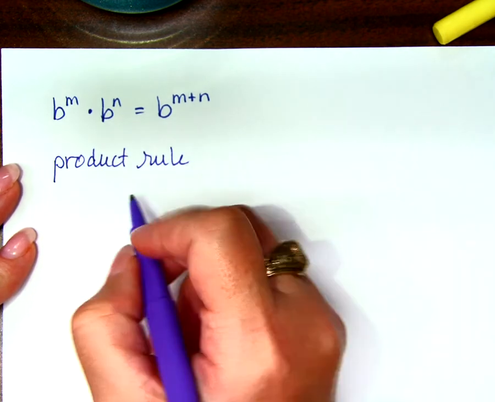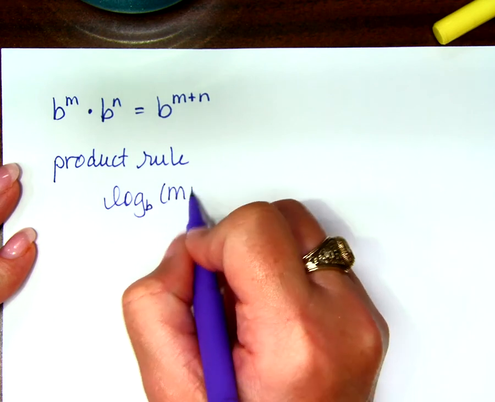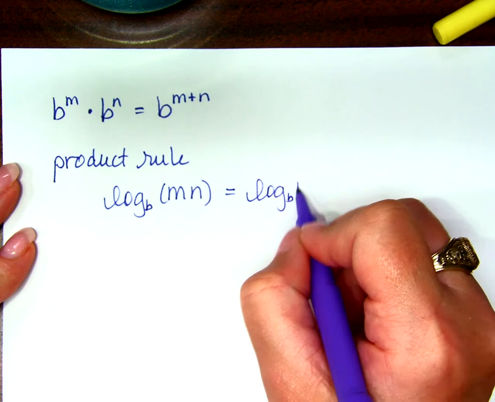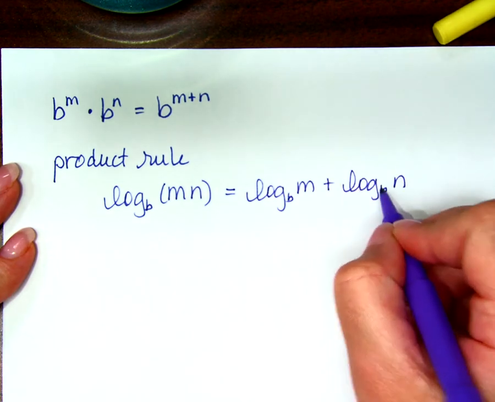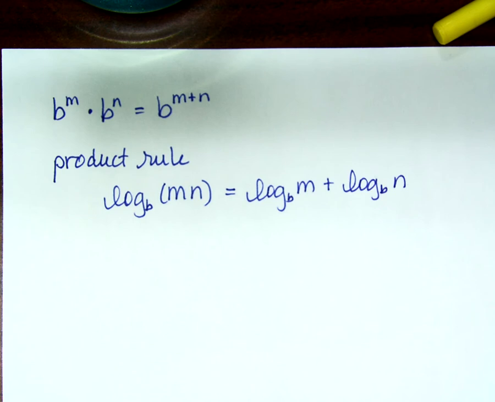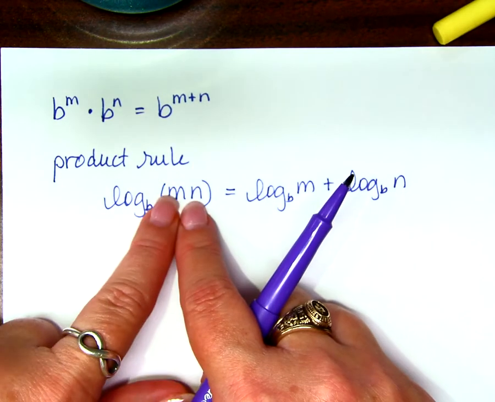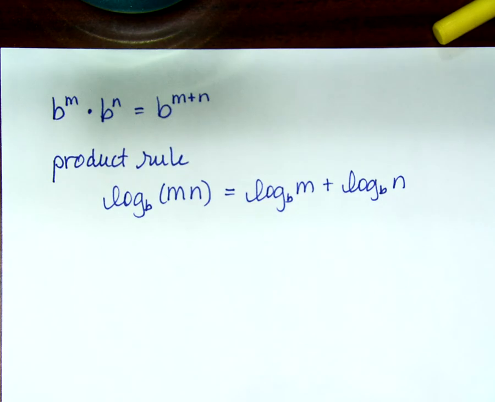Because it looks like this. Log base b of mn equals the log base b of m plus log base b of n. So if we're multiplying like bases, we add the exponents. If we're multiplying inside of a logarithm, we add them. Does that make sense?